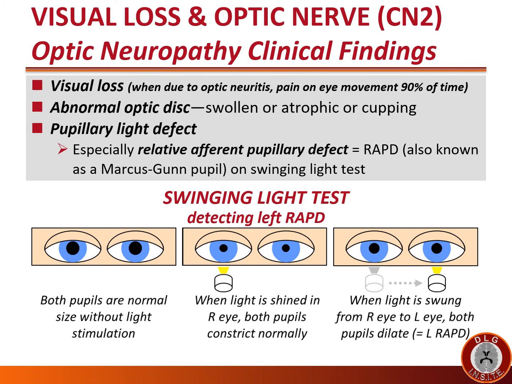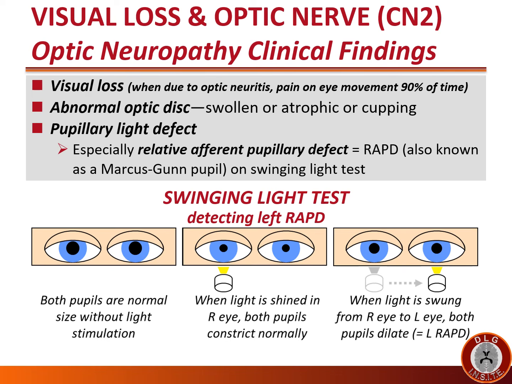However, if you, without taking the light away too long, just swing the light, that's why it's called the swinging light test, swing the light from the good right eye to the bad left eye, paradoxically, both eyes dilate.